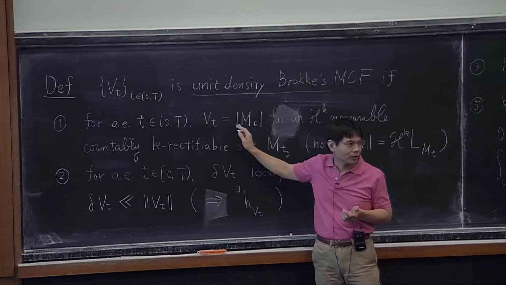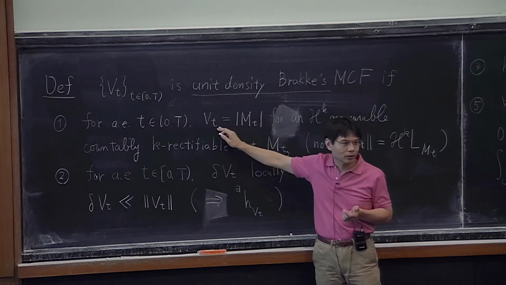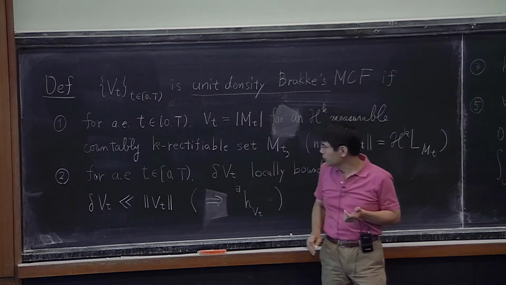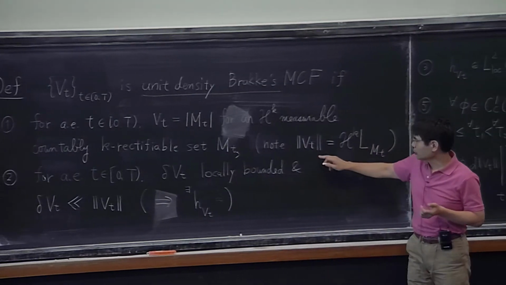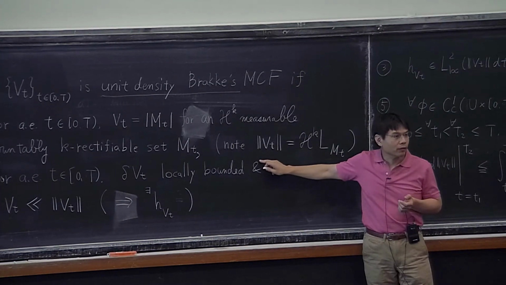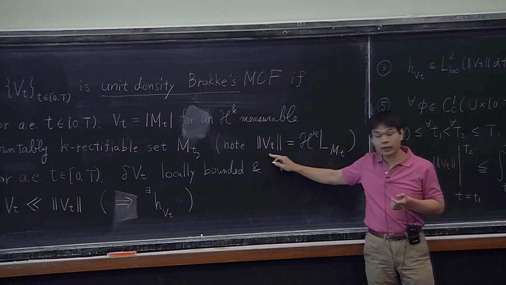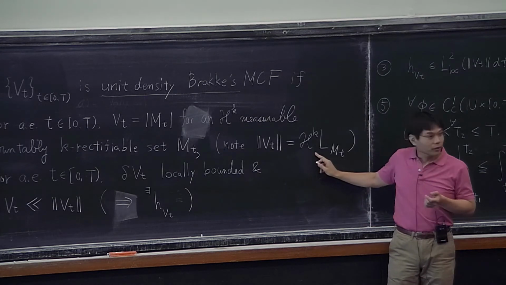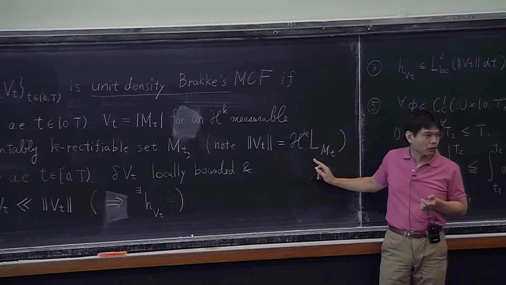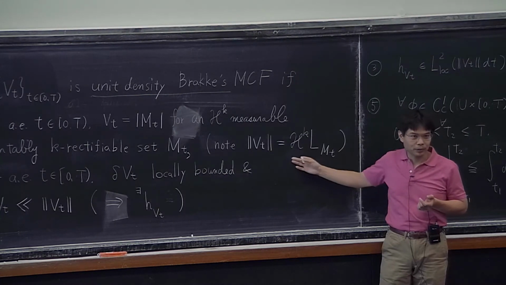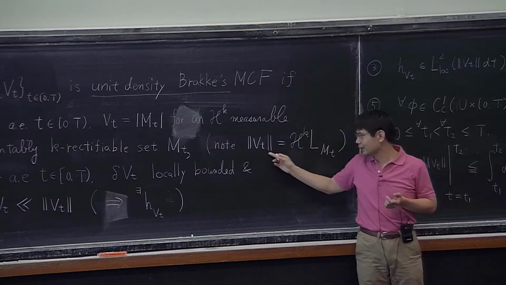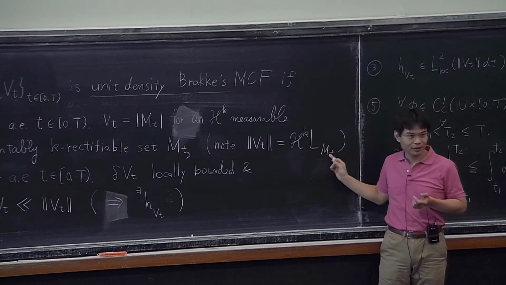So this induces a natural varifold, VT. And also notice that in that case, the weight measure, or mass measure, is nothing but the k-dimensional Hausdorff measure restricted to MT. Whenever you see this, just interpret it as this.